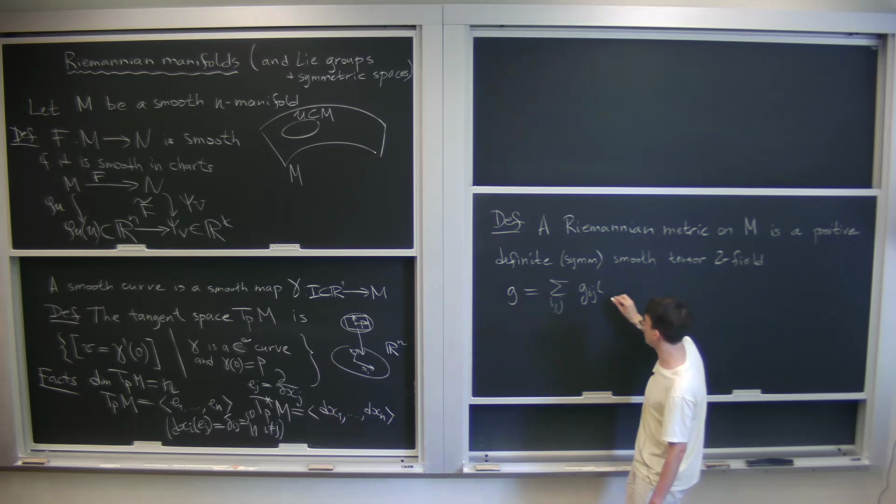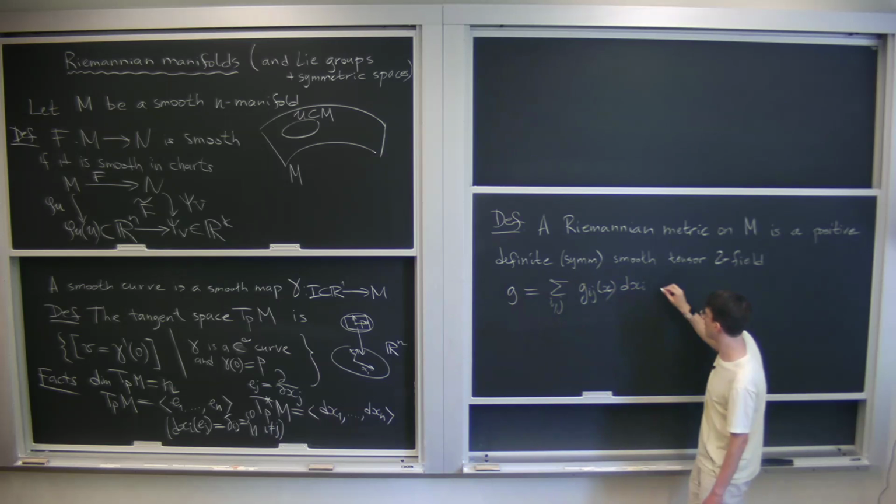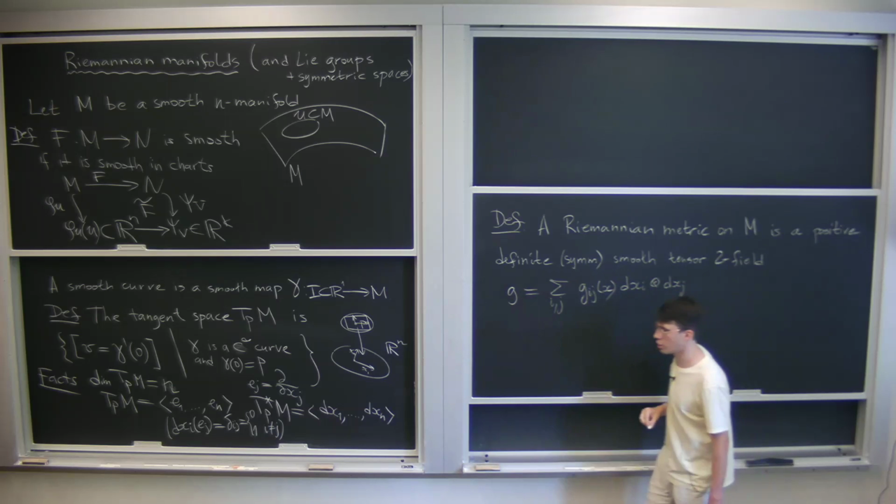So G_ij depends on the coordinates x. And here I have dx_i tensor product dx_j, right?